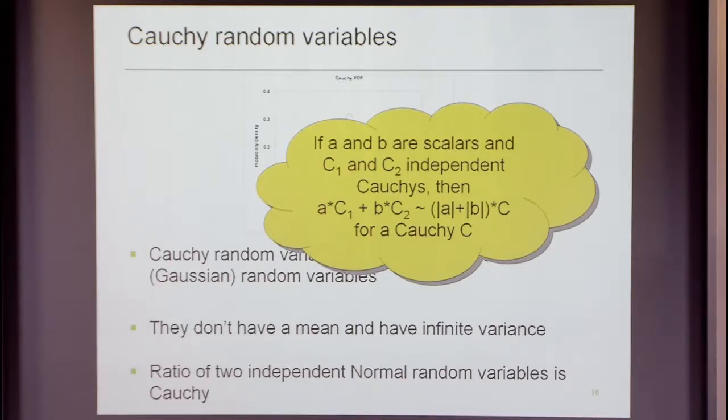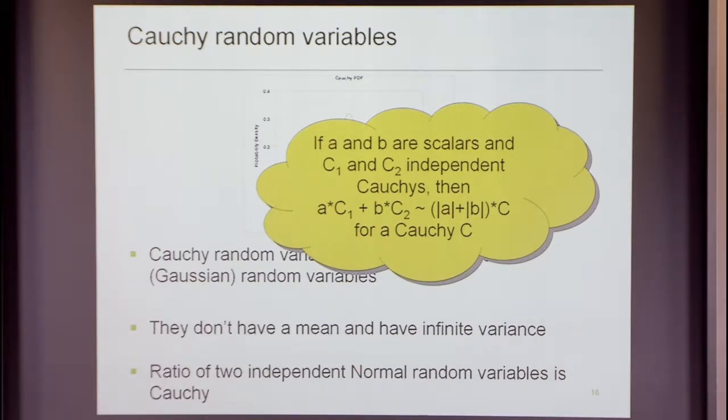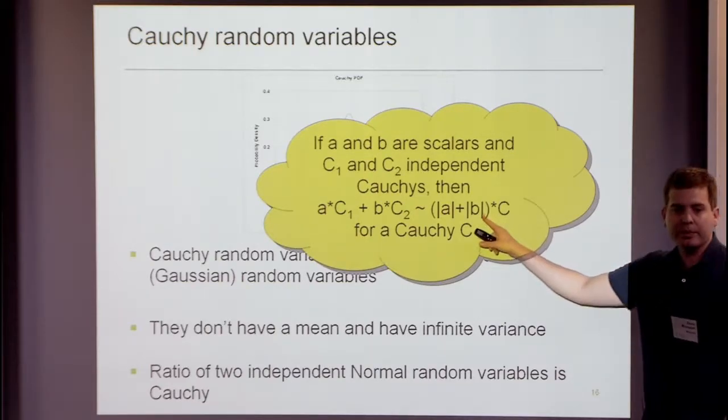There's a nice survey by John Nolan on p-stable random variables, which I think has that way of looking at Cauchy random variables. Does this property characterize Cauchy distributions? Yes, it does actually. And p-stable random variables exist for any p between 0 and 2.